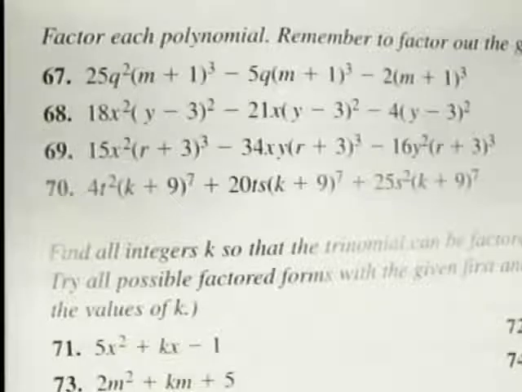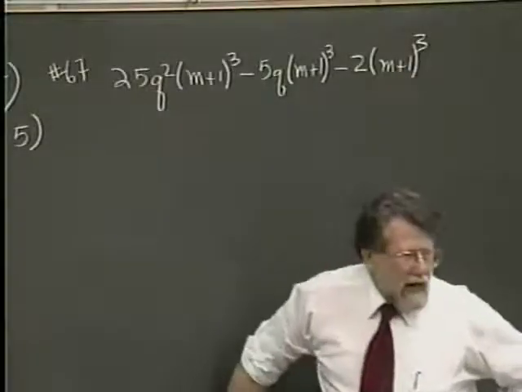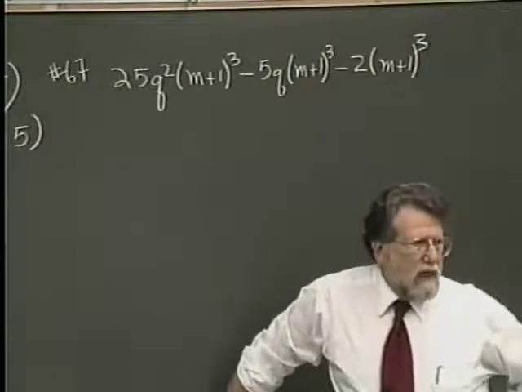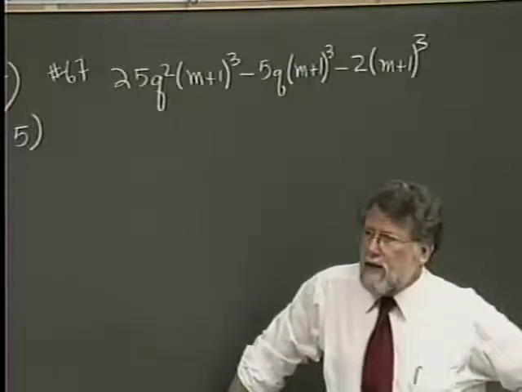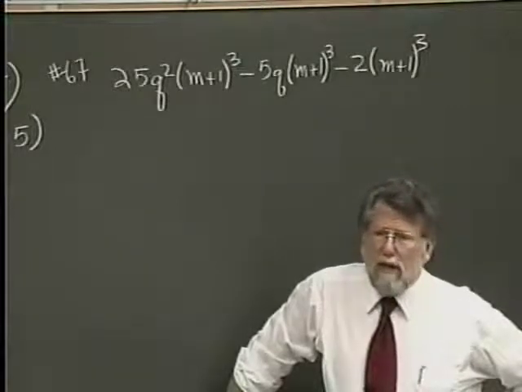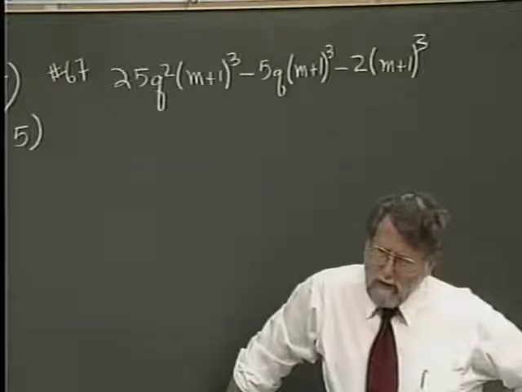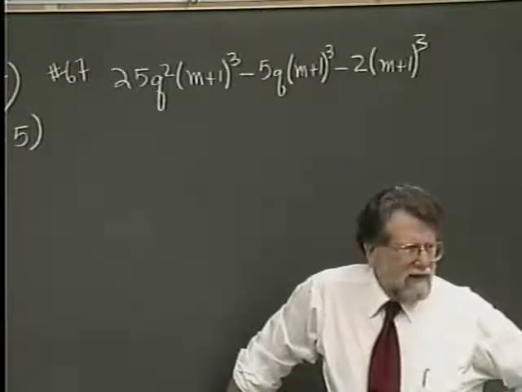That being the m plus 1 quantity cubed. As you write, you become aware of it. If you just eyeball it, you may not see what is alike in every term. But when you write that m plus 1 to the third each time, I hope that you see it.